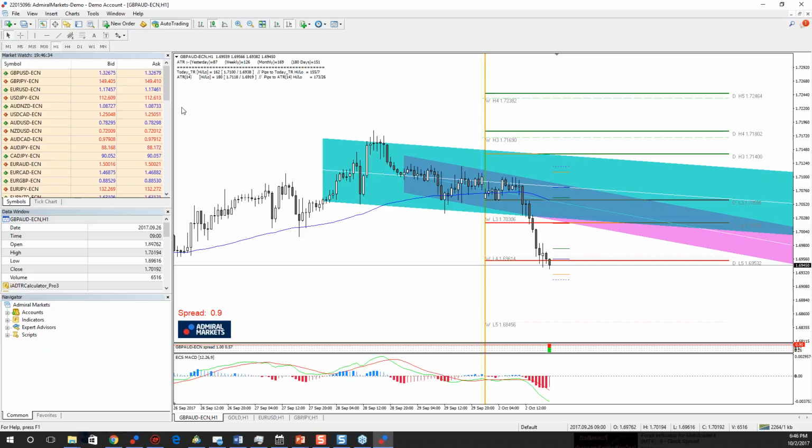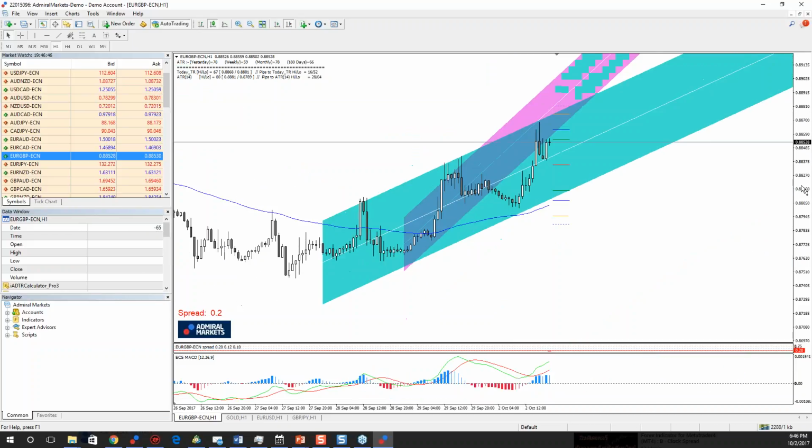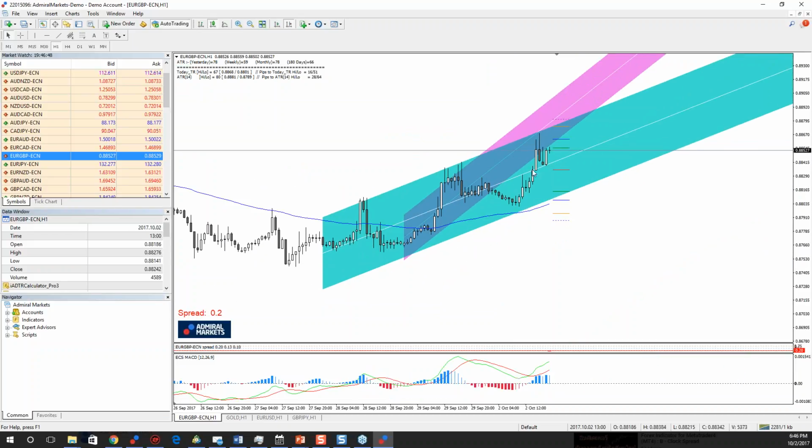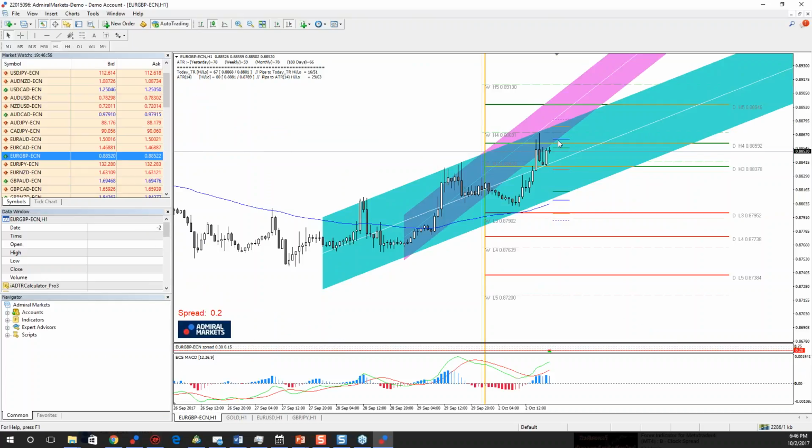Euro, GBP and gold, and then I will roll the slides. Euro GBP. Here, guys, Euro GBP. This is the upward ascending channel. Yeah, this is definitely uptrend. The price broke here. Now Euro GBP is in uptrend.